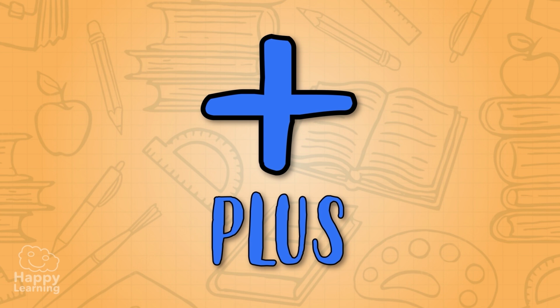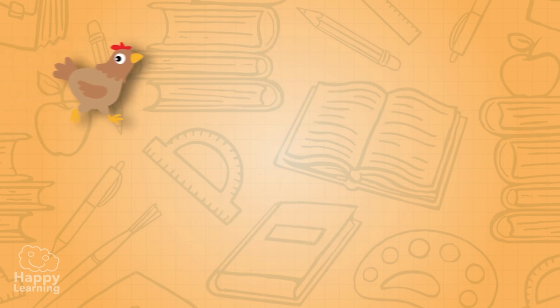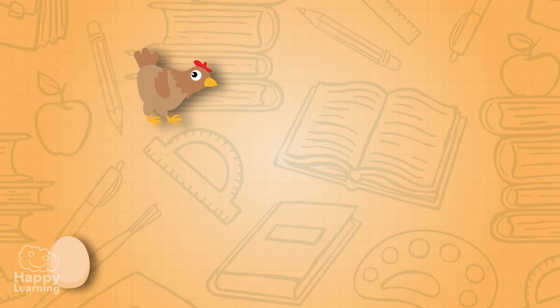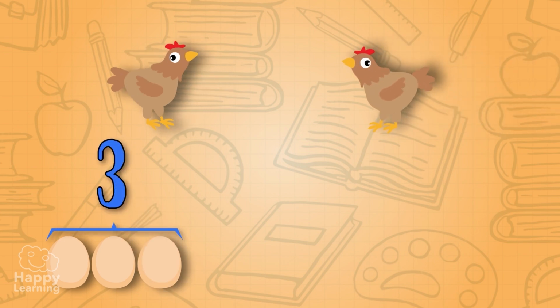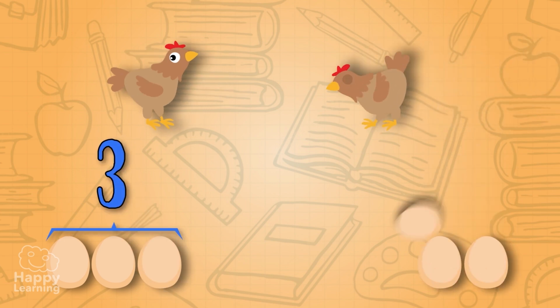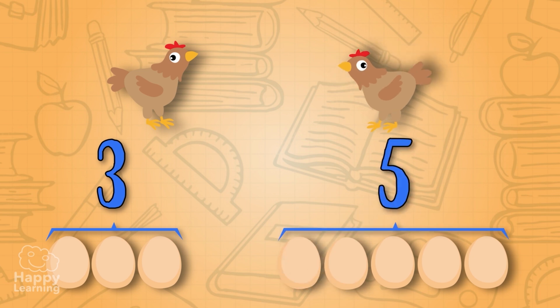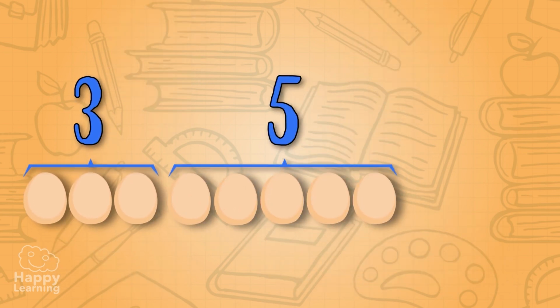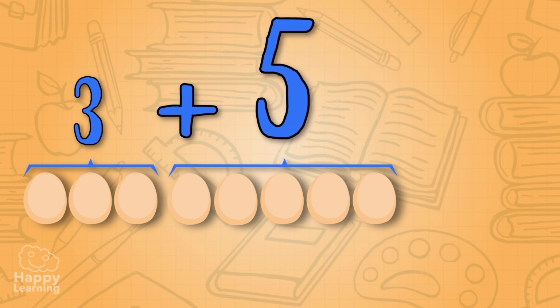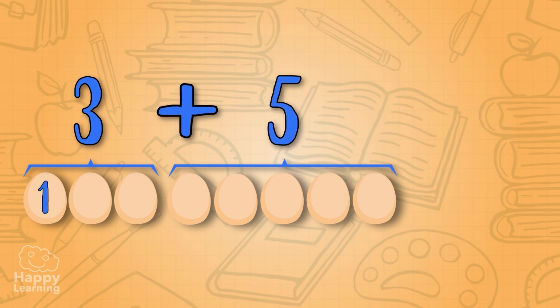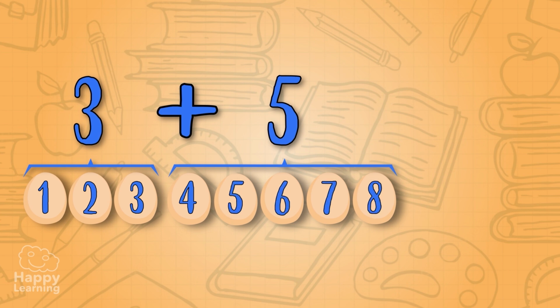Let's do another example. If a chicken lays 3 eggs, and another chicken lays 5 eggs, how many eggs do we have in total? Let's see, 3 eggs plus 5 eggs is 1, 2, 3, 4, 5, 6, 7 and 8 eggs.